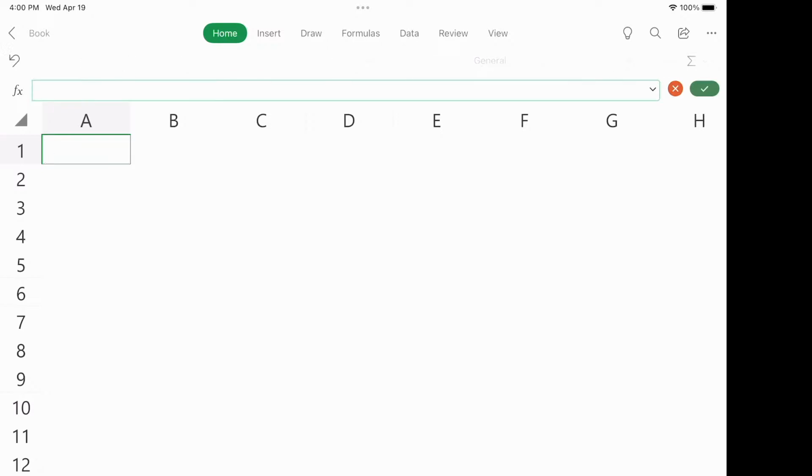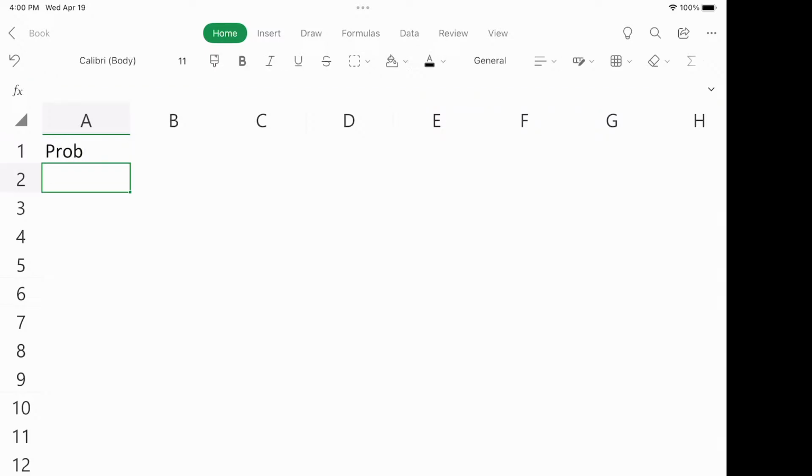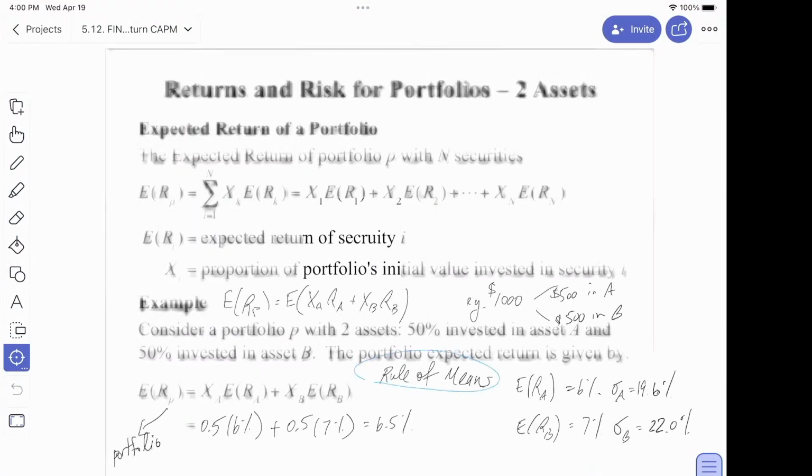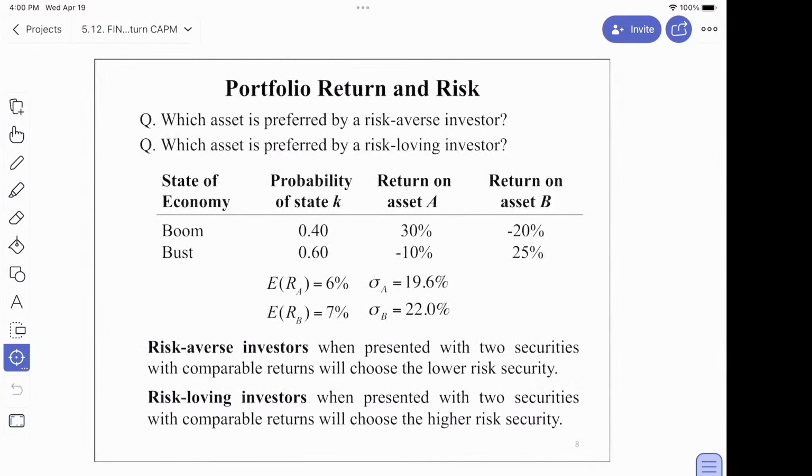So what I want to put on this is, okay, I'm going to put up my probability. I'm going to put it in words. So the probabilities, you go back to the data.